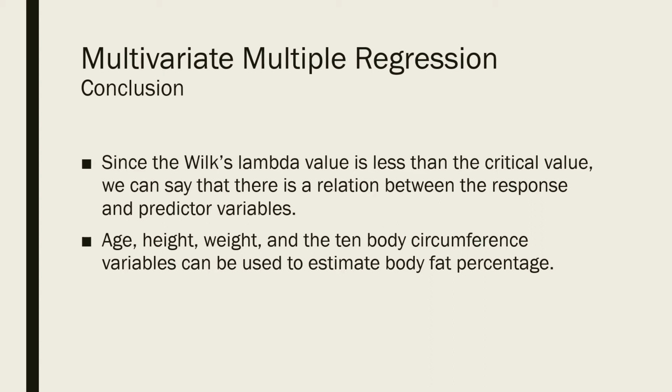So there is a relationship between age, weight, height, and the body's circumference measurements and those body fat percentages calculated through density. So we can use the other methods of measurements to predict what the body fat percentage will be.